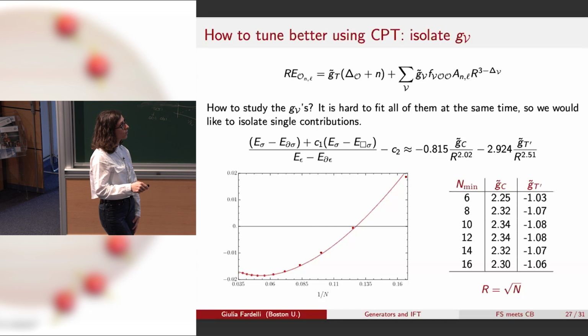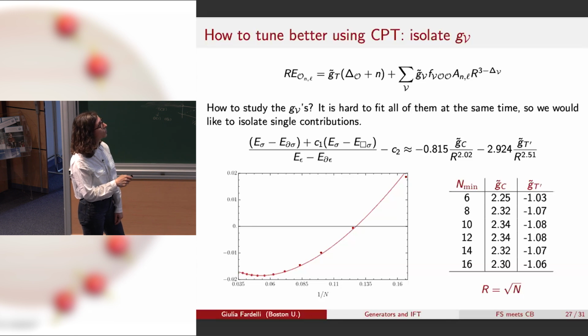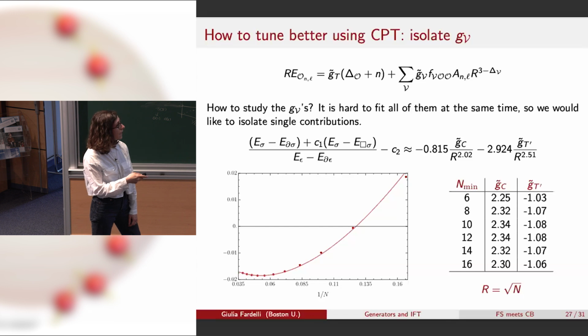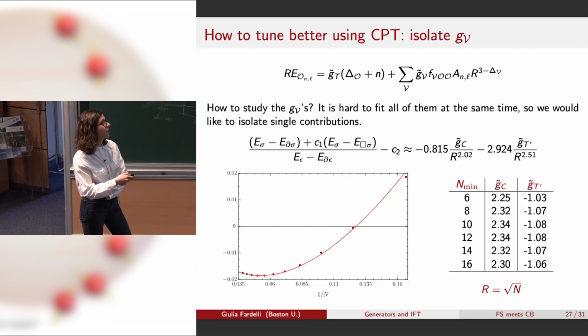You see that these plots are much more stable than what we would have gotten by trying to fit these quantities alone. And this is for GC and GT prime, which are the most irrelevant operators that I'm including.